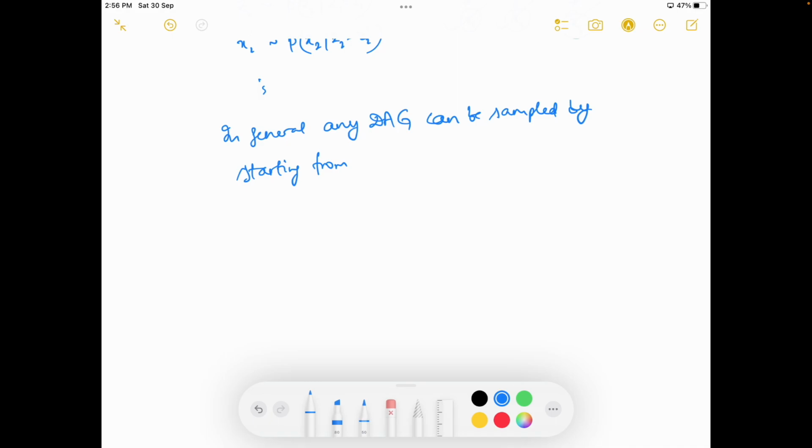Any node with in-degree 0, or an independent node.